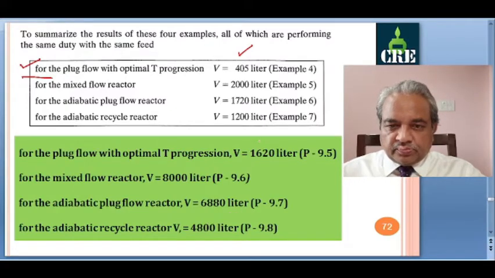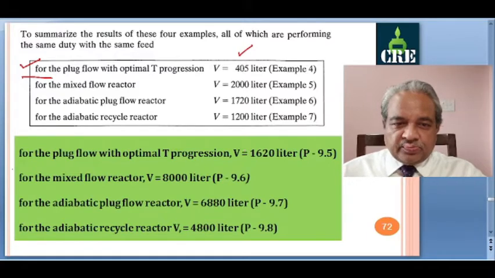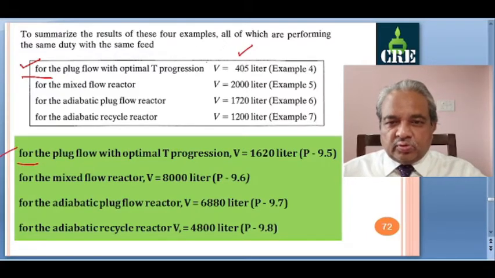Okay. So here also same thing, because everything is multiplied by 400. So this is the best one, optimum temperature progression. And if you leave this aside, best will be the recycle reactor, then plug flow and then mix flow.